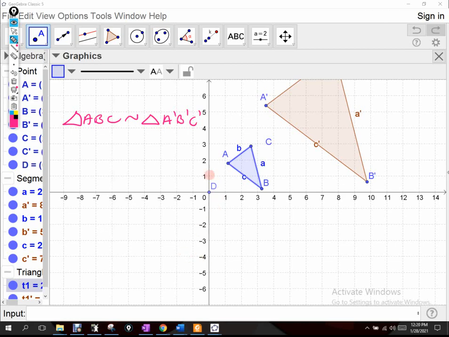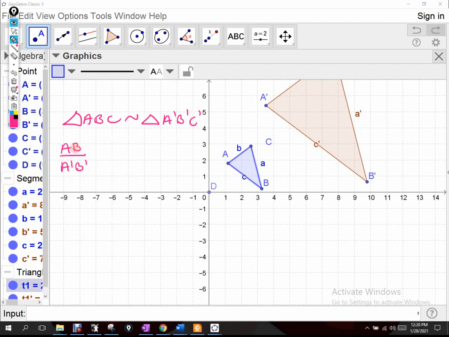So what I mean by this is we've shown that the triangles are similar, but we only used the component of congruent angles to do that. So what we benefit from this is things that we haven't talked about. We haven't talked about AB's length compared to A prime, B prime's length.